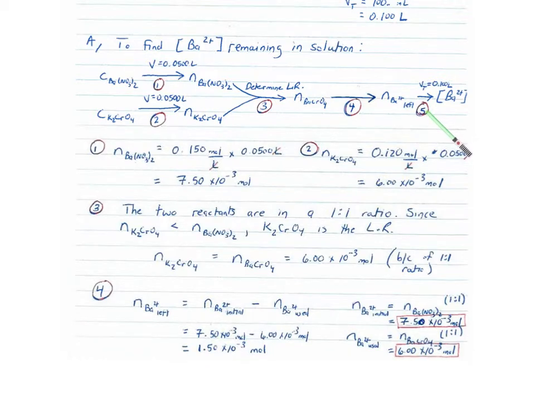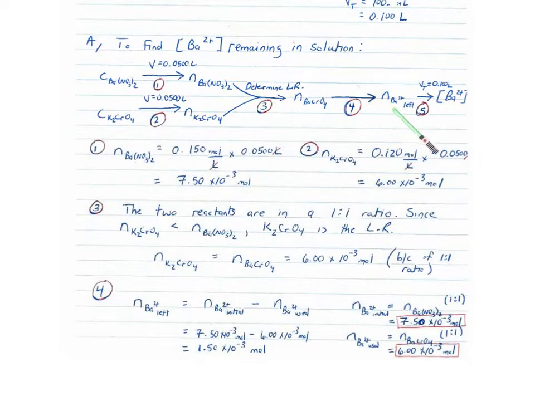What that indirectly tells you is that between these two reagents, the barium nitrate has to be the excess reagent and the potassium chromate needs to be the limiting reagent, because we are told that there are some barium ions left in the solution, so this has to be in excess.